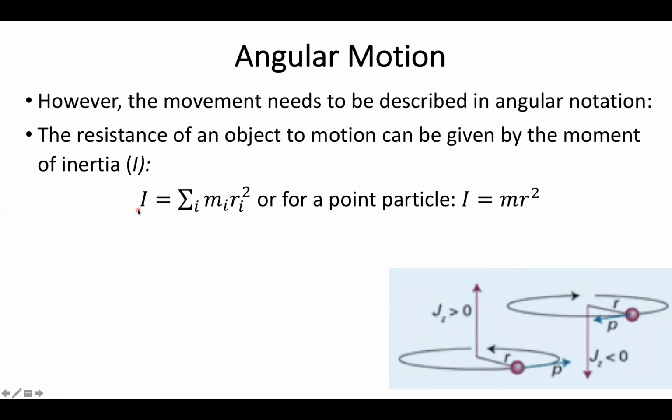Now, to calculate a true moment of inertia, what we're going to need to do is sum up the mass of the object times how far away it is from the center of movement squared.